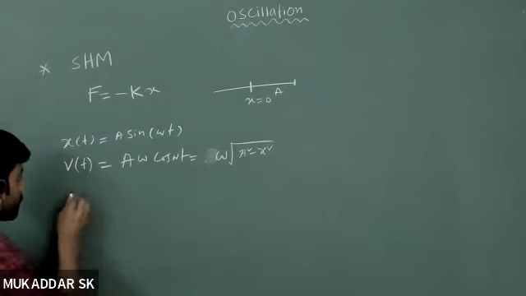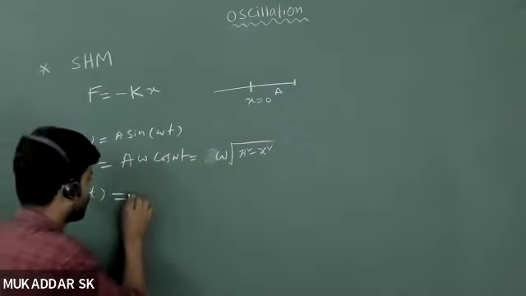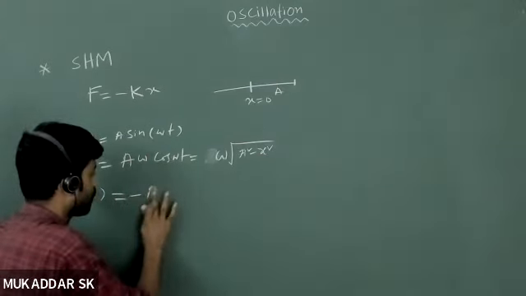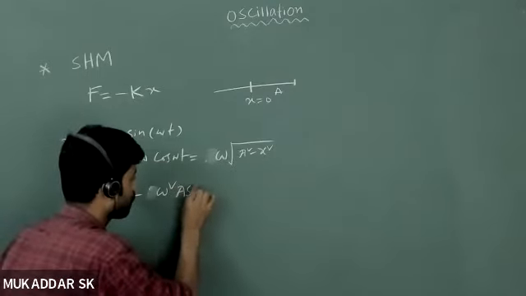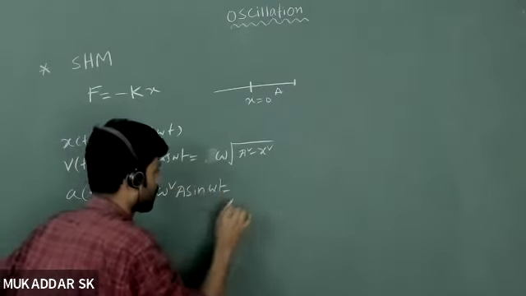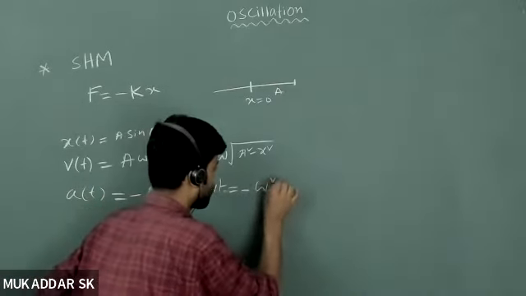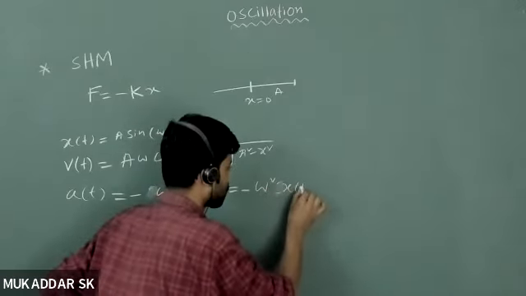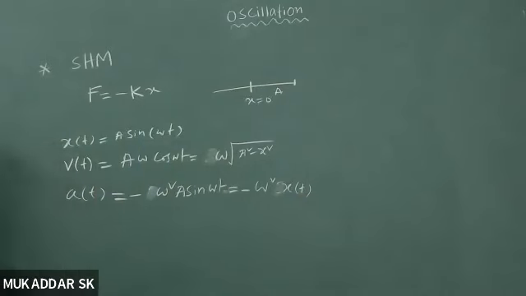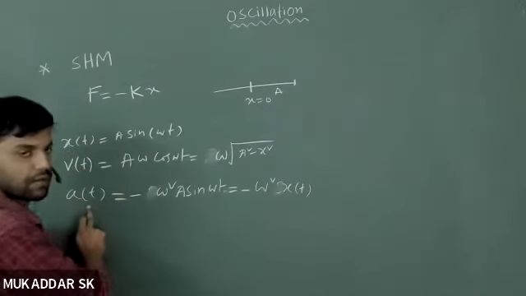Acceleration is also a function of time, and that was minus omega square x, or you can write omega square a sine of omega t equals minus omega square x(t), right? Now my plan is to plot this displacement, velocity, and acceleration as a function of time.